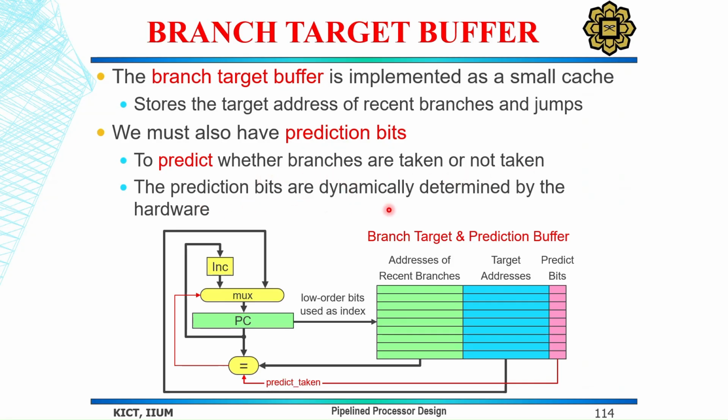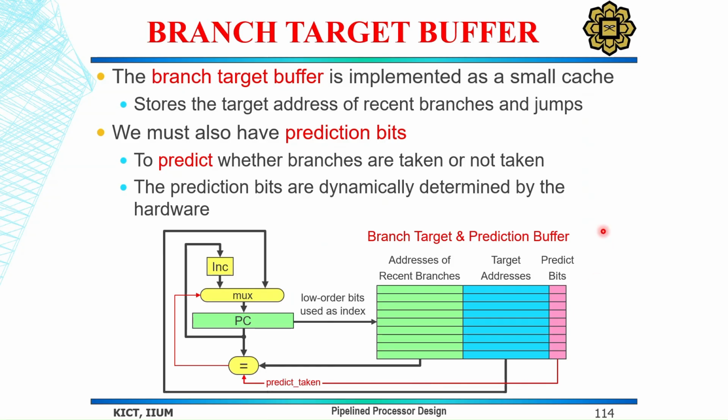It has a multiplexer with the program counter, and it checks over here. The low order bits are used as an index. So the branch target and prediction buffer holds the address of the recent branch, then the target address, and this is the prediction. So it is used like a buffer.